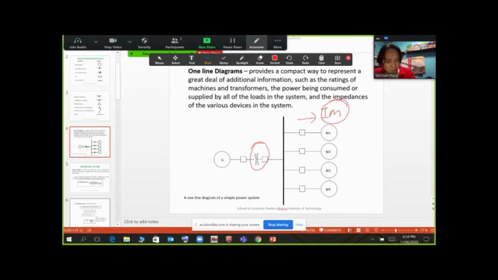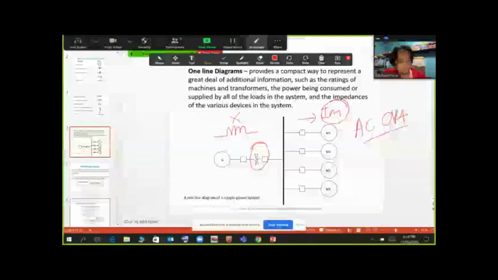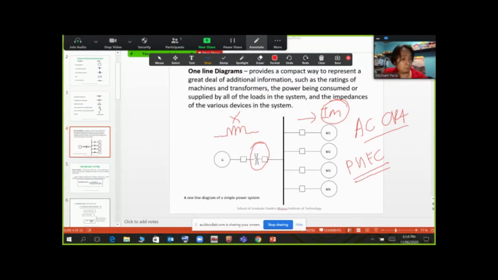So if your transformer is modeled as a reactor, then you can have a per phase representation of the system in terms of an AC circuit. So it means that per unit analysis can model a single line diagram to its corresponding AC circuit or per unit equivalent circuit.